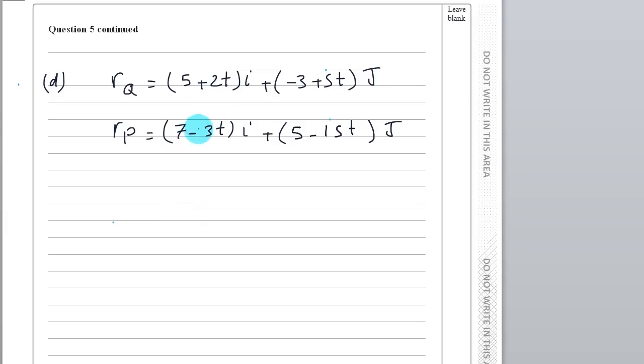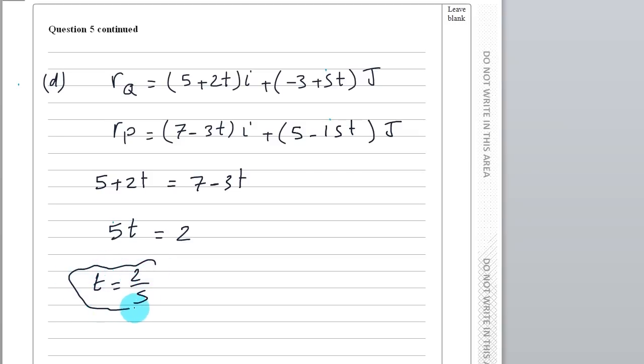Now, if I have a collision, so 5 plus 2t was equal to 7 minus 3t. And here also the same for j. So let us start with i. So now 5t was equal to 2. So t is equal to 2 over 5. This is the first t. The second equation, minus 3 plus 5t is equal to 5 minus 15t.